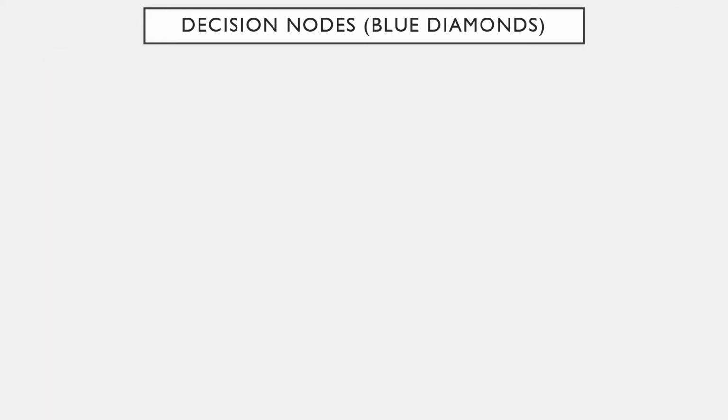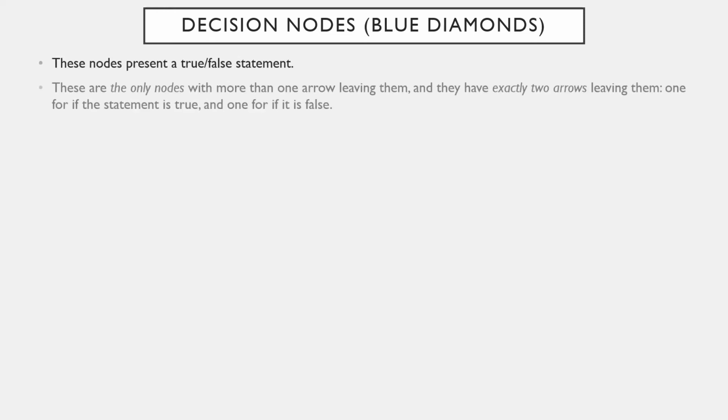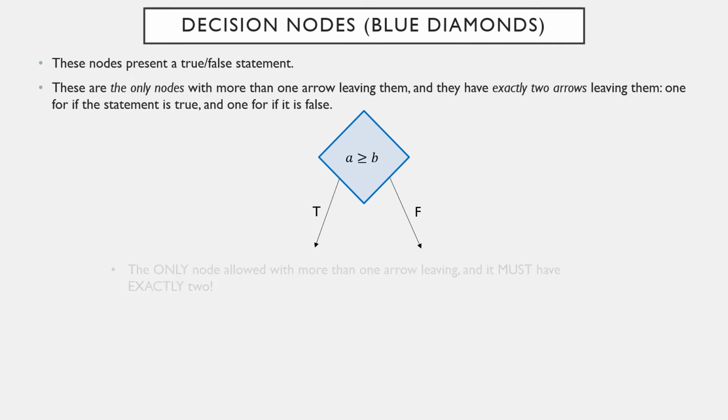So let's discuss how to use the blue diamond decision nodes. Inside the node, remember, goes a true-false statement. These are the only types of nodes with more than one arrow leaving them, and they must have exactly 2 arrows leaving them. One is labeled true, one is labeled false. For example, here. Again, to stress, this is the only type of node with more than one arrow leaving it.